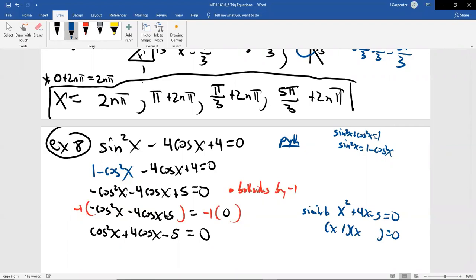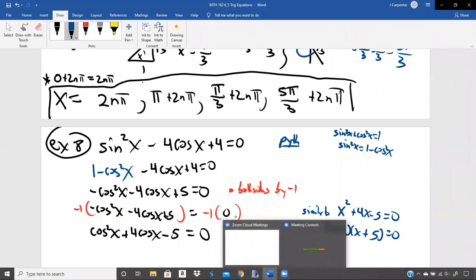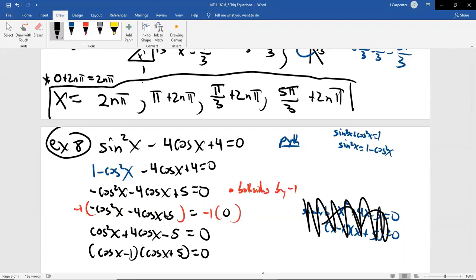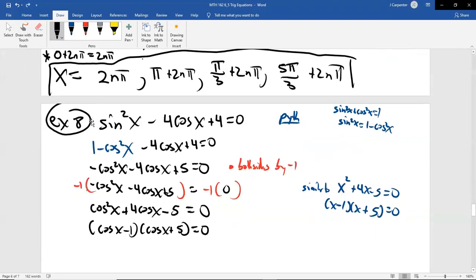Factor pairs of 5 are 1 and 5, not a lot of options. To make sure that they subtract to a positive 4, you go plus 5 and -1. That means that the factored version of this is cosine of x minus 1 times cosine of x plus 5. Some people don't do any of this side work and still get it right. That doesn't matter. It's whatever you need to do to get it right.